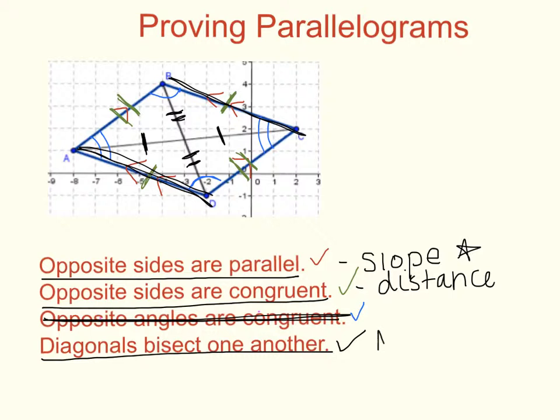So I could also use my midpoint formula. On your assignment that I'm about to model for you, you are only asked to do this one way. I would focus on the slope, and that is the way I'm going to model for you. We will be going over the distance and the midpoint more later, but we're going to focus on the slope today.